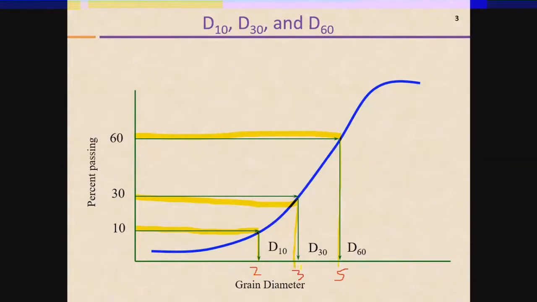Similarly, for D30, 30% of the material is finer than 3 millimeter and 70% of the material is greater than 3 millimeter. Similarly, for D60, 60% of the material is finer than 5 millimeter and 40% of the material is greater than 5 millimeter.